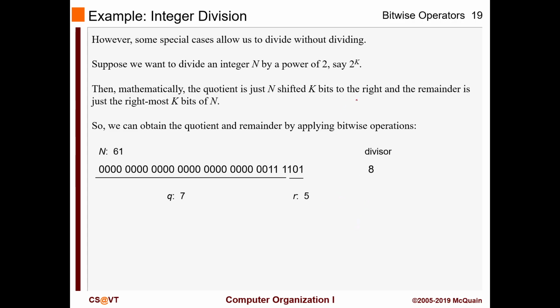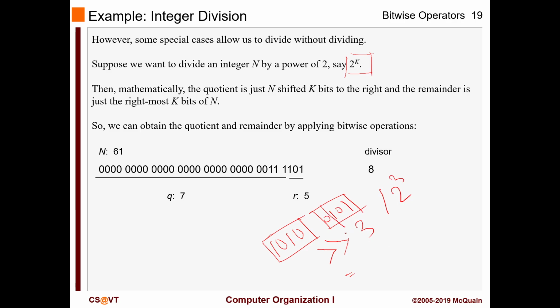One of the things you have already learned is that if it's 2 to the power k, you can easily do a right shift and it's going to divide something by that. For example, I have a number like this, 1010 0101, and if I want to divide it by 2 to the power 3, all I have to do is right shift it by 3. So this part is going to be thrown away and this part is going to be padded.